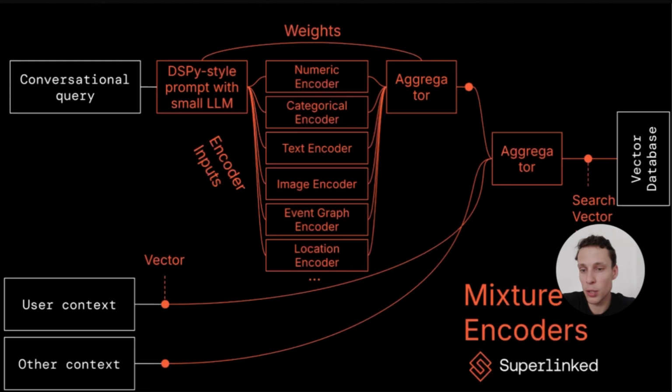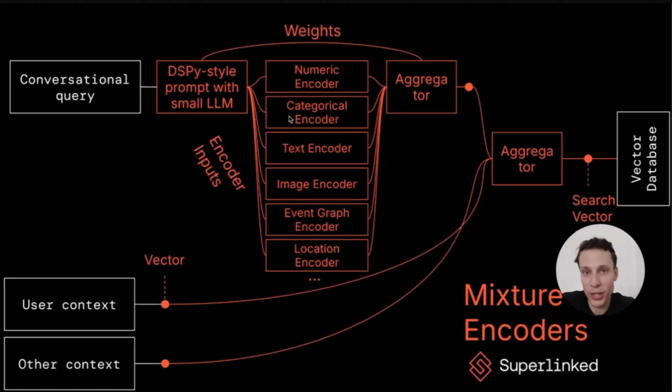So what we do is we have this approach of mixture of encoders, where depending on the data type, we use a different encoder to encode that data and then aggregate everything into one vector, where we concatenate the embeddings generated by each encoder. For numbers, we use a numeric encoder.